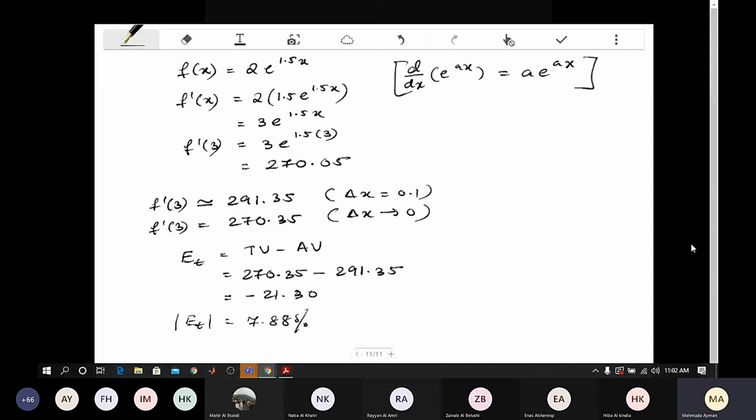So now if I decrease the delta x value from 0.1, if I halve the value, what is going to happen to the true errors? Let us see that now. What if I decrease the delta x? Let's see what we'll get for the function at 3 and what will be the true error.